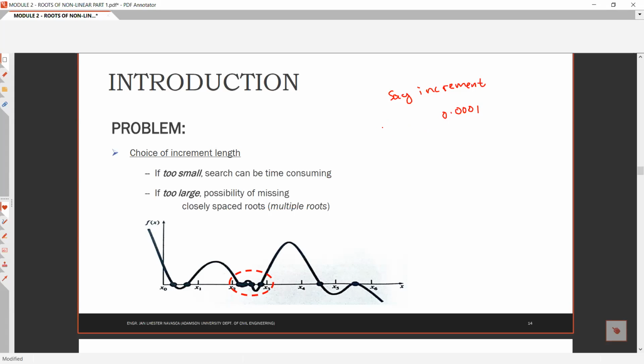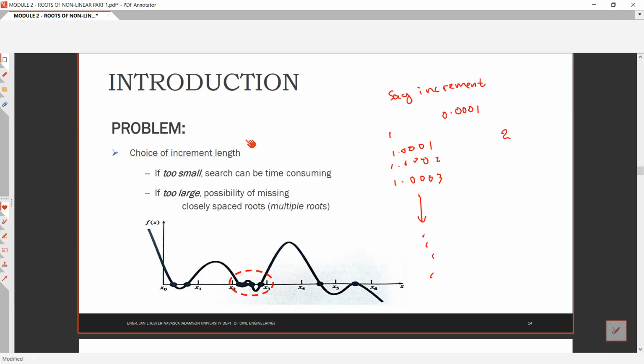Then nag-start ka ng number mo is 1 up to, let's say, up to 2. O napakadami niyan, 1 to 2. So meron kang 1.001, okay? Next 1.0002. Okay, napakarami yan. Imagine 003, okay? That hanggang pumunta ka sa 2. So napakarami ng incremental search mo. So it will be time consuming. Kahit gumamit ka ng program, time consuming kapag gumamit ka ng incremental search na method.